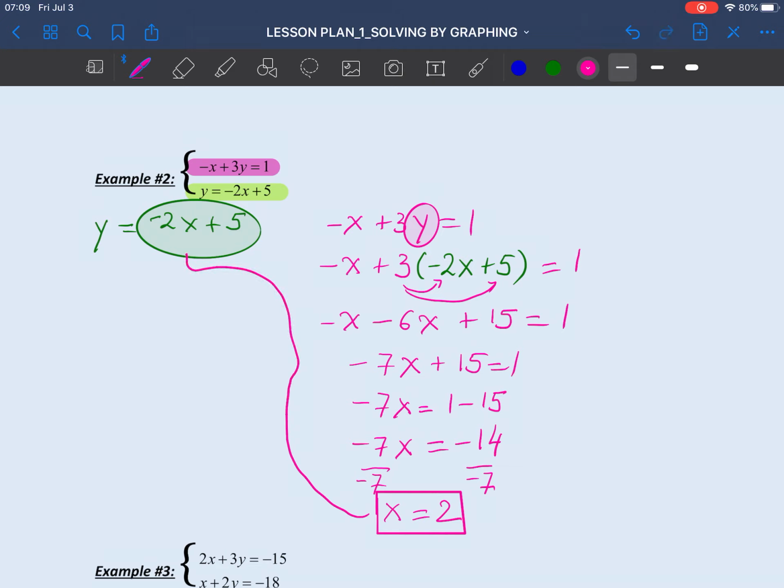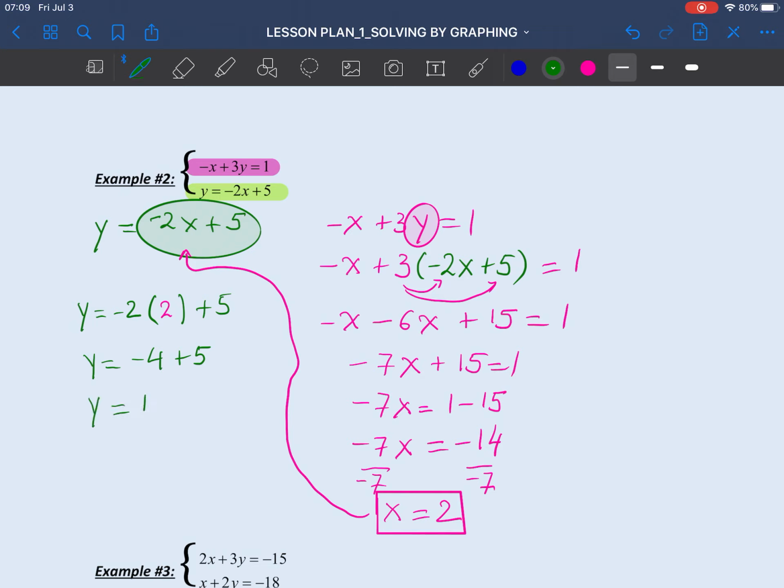This x of 2 will go right here. And we have y equals -2 times 2. That's what we got for x. Plus 5. So y equals -4 plus 5.